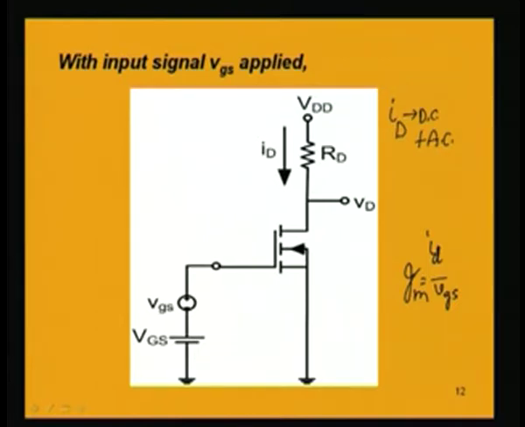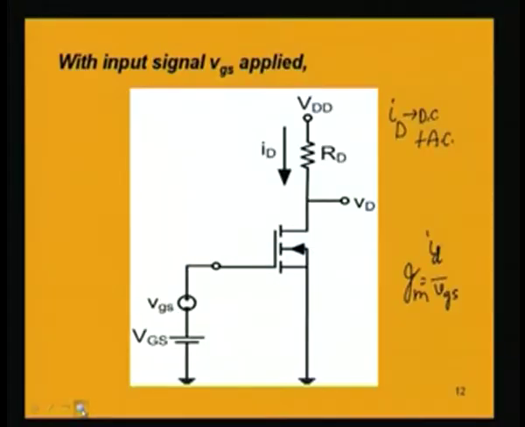So, now if we look into the transfer characteristic of the MOSFET device, from the transfer characteristic we can find out the transconductance. So, how to do that?